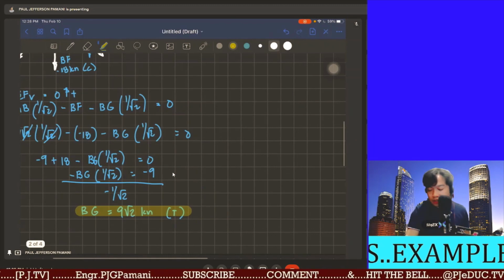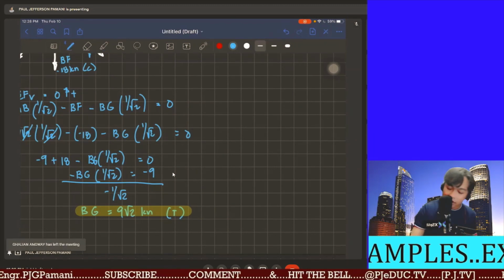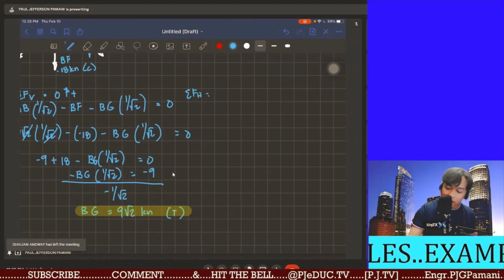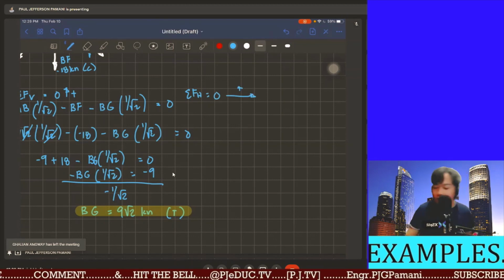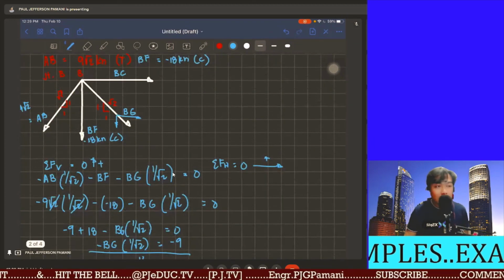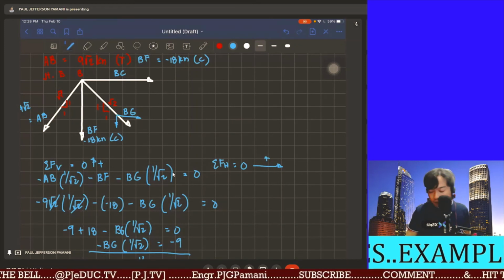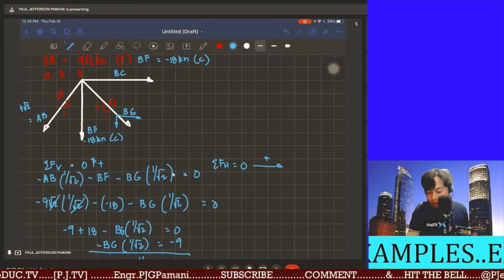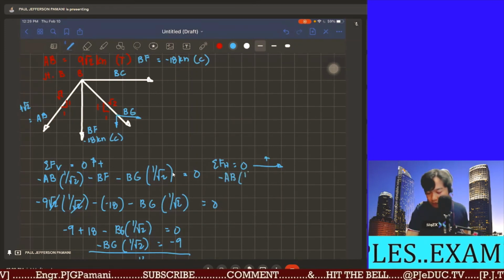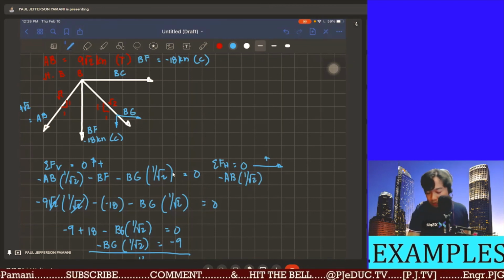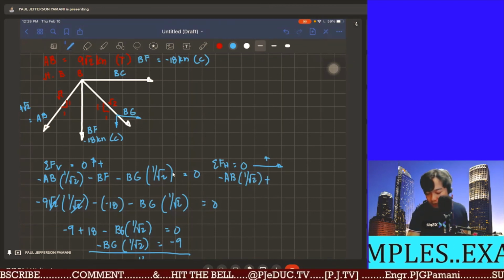Then, of course, last one is the summation forces horizontal, equal to 0, going to the right, positive. What are the forces along horizontal axis found at joint B? We have AB going to the left, negative. BG going to the right, positive.